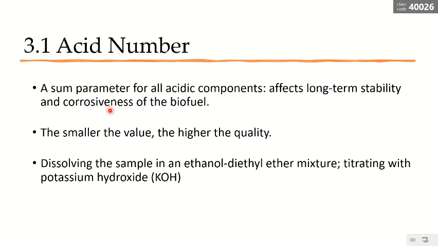Acid has some corrosive effect. The higher the acid content, the more severe the corrosive effect. This also means, logically, that we want the acid number to be smaller. The lower this value is, the higher the quality of the products or this material will be.